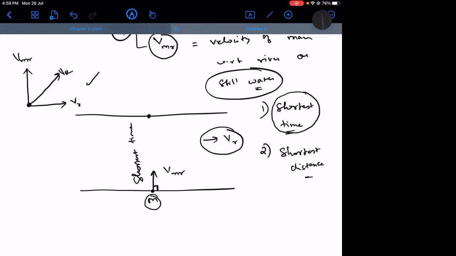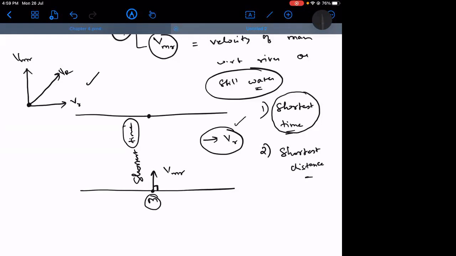When he's moving at 90 degrees, he's not going to cover less distance, but he's going to take less time. Here my context is with respect to time only. Can you tell me why he will take lesser time? It is because the water current will help him to flow.